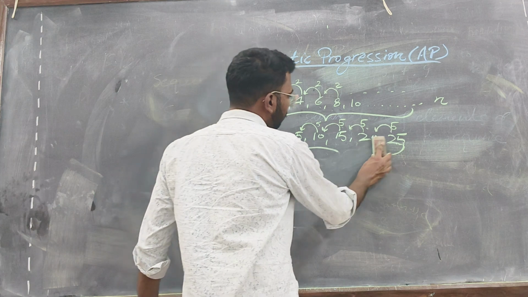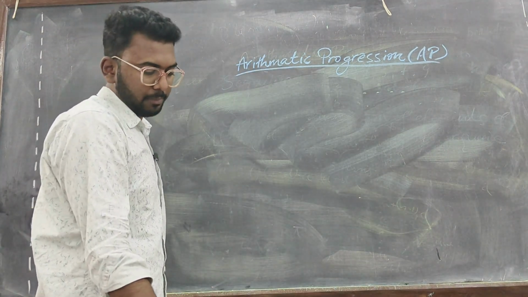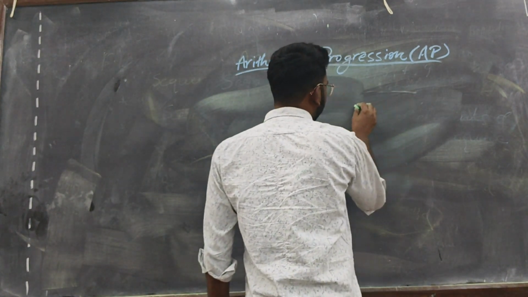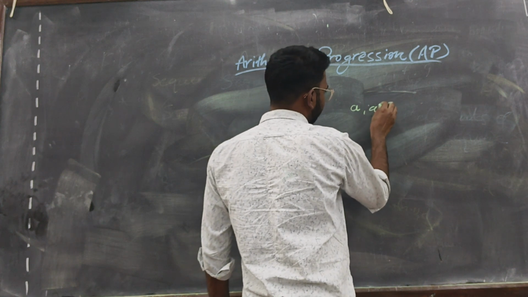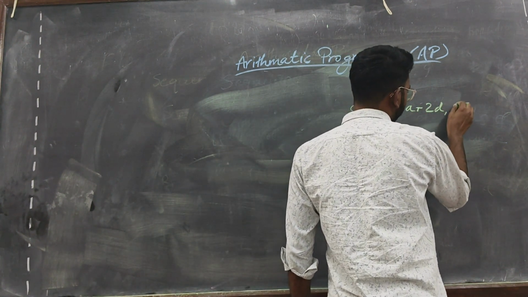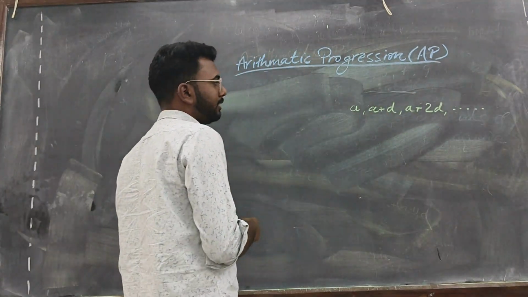Now we will see how to get the nth term of an arithmetic progression. Like I said, there is an AP: A, A plus D, A plus 2D, and so on up to n terms. So how will we get the nth term?